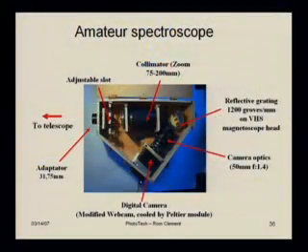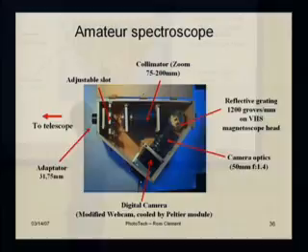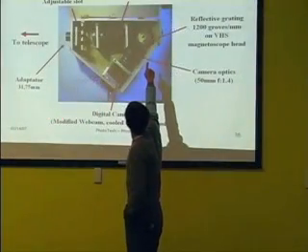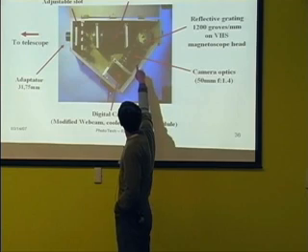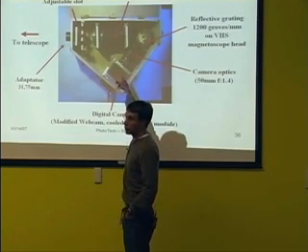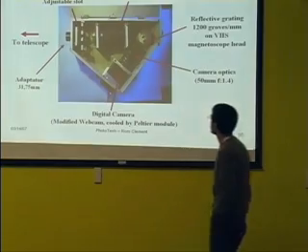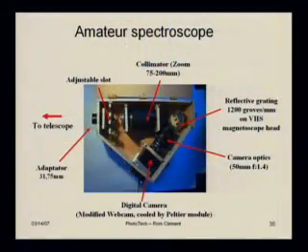The light enters here, goes through the collimator, and is diffracted by this reflective grating. Then the light is converged, using optics, onto the CCD sensor, which in this case was a modified webcam cooled down to decrease the noise.